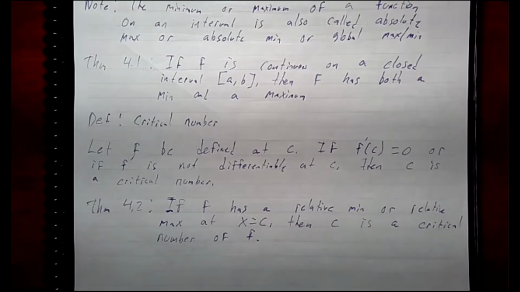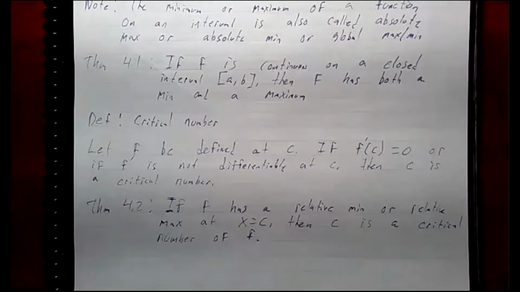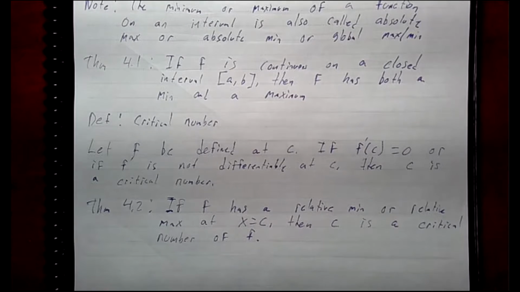So what we're going to be doing in this section is you're going to be given a function. The homework is going to start out by telling you to find the critical numbers. That's the first couple of problems. Then after that, they're going to tell you to find the absolute extrema, which is maximums and minimums. Like a parabola: if it was opening down, there was a maximum, right?